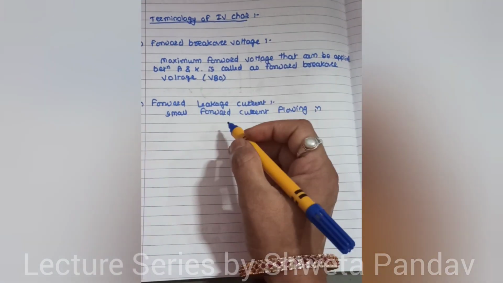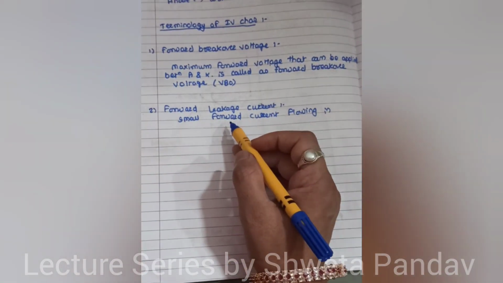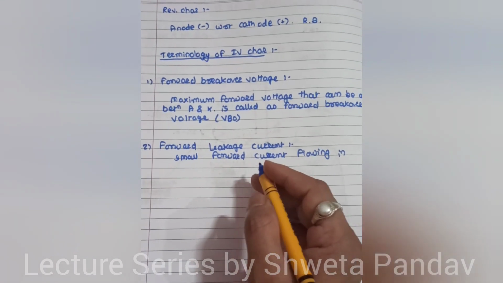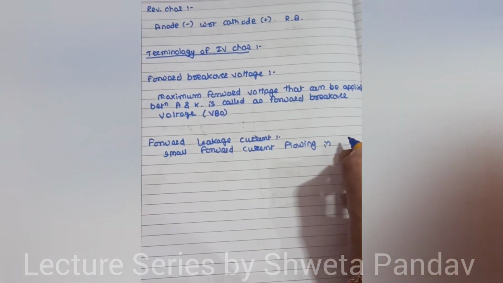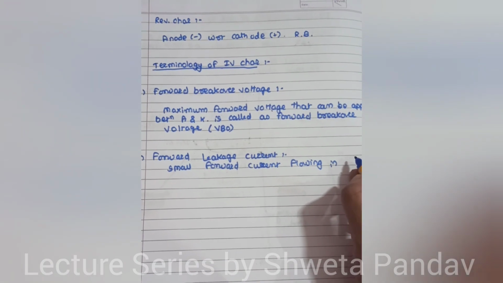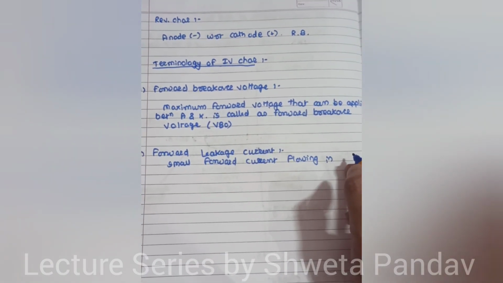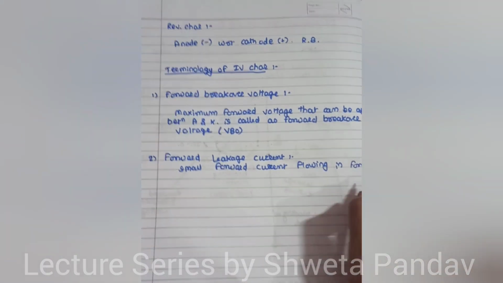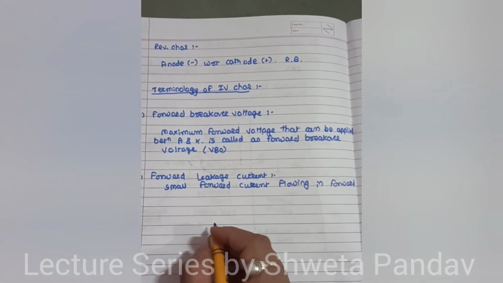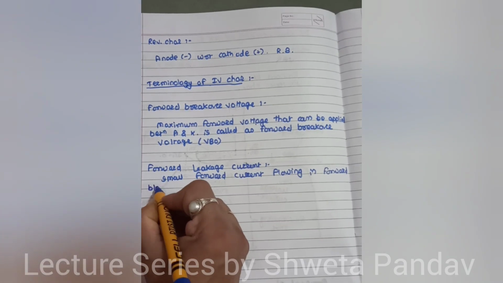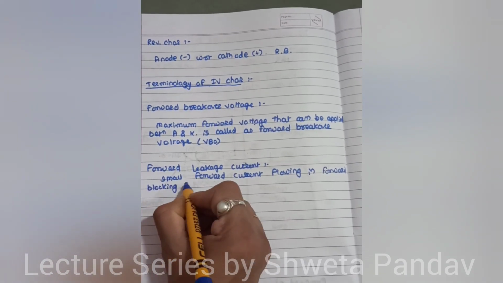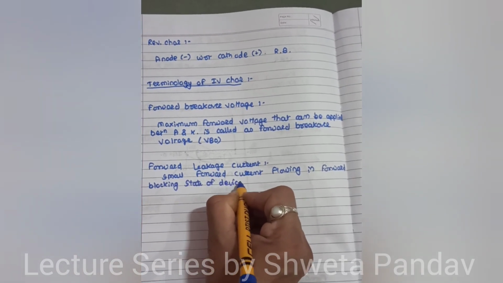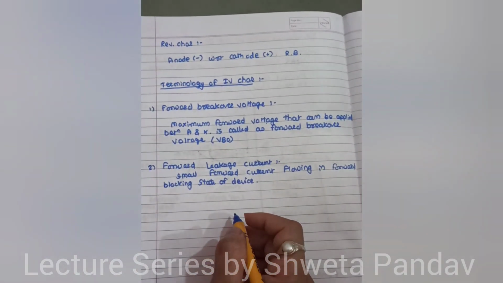The next term is forward leakage current. It is a small forward current flowing in the forward blocking state of the device.